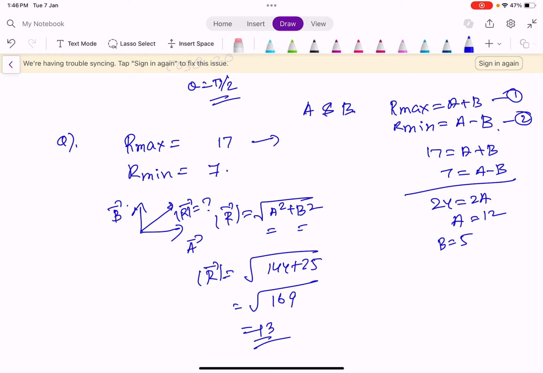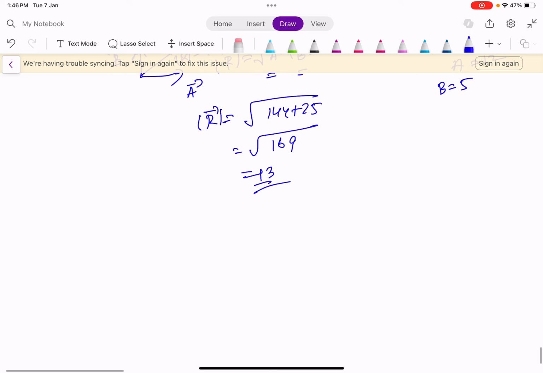So these kinds of problems you need to know how to solve. Same like we can talk about the triangular law. So what is this triangular law? Here we told the parallelogram law.